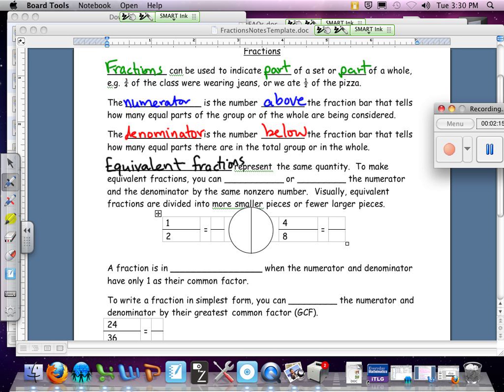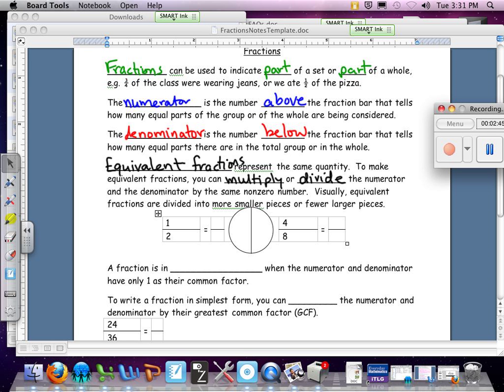So to make equivalent fractions, you can multiply or divide the numerator and the denominator by the same non-zero number. You can't add or subtract a number to the numerator and denominator and expect it to be equivalent. It's only when we're multiplying, because we're breaking it up into smaller pieces, or we're dividing, we're grouping them together.